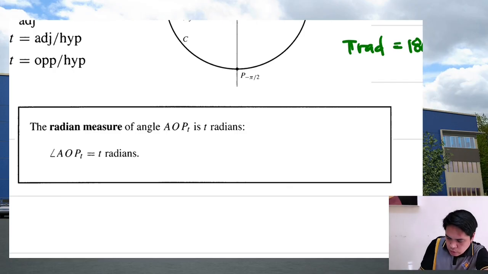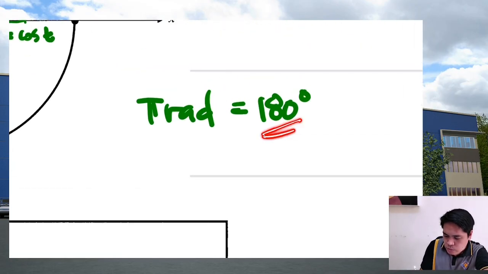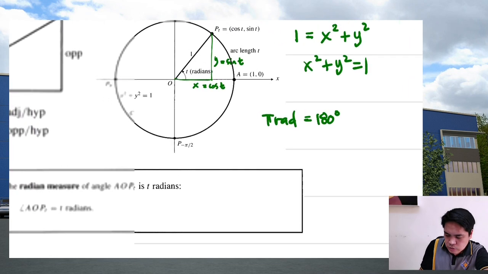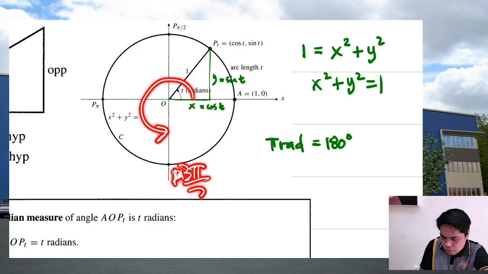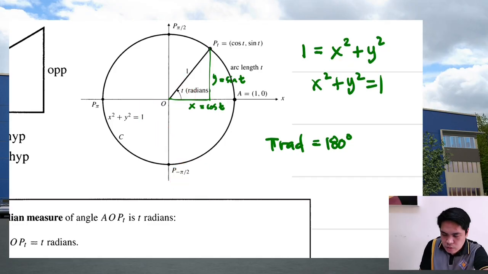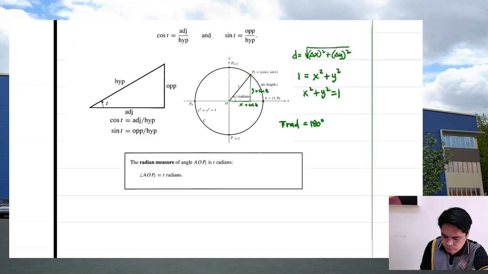So again, pi radians is 180 degrees. So yung 90 degrees is just pi over 2, and yung 270 degrees is 3 pi over 2, okay? Or negative pi over 2. So that's it.